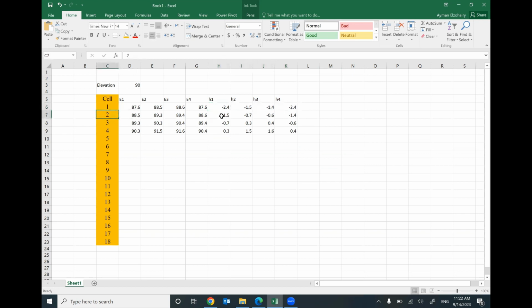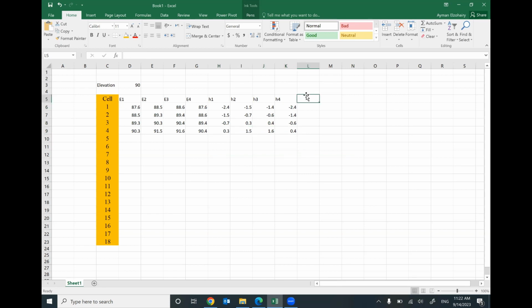Cell number 2, we are going to do fill for all of it. For cell number 3, there is a part we need to fill, and other parts we need to cut. Something in between. But for cell number 4, we need to do cut or excavation for the whole area of this cell.